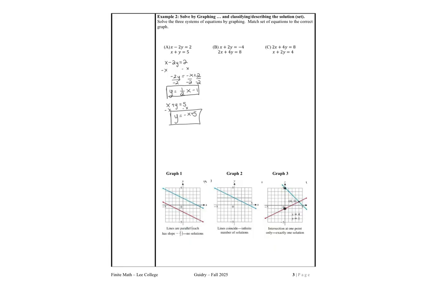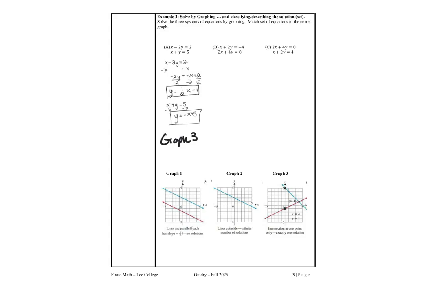One of the slopes is positive, one is negative, so the first one is graph 3. Now some important things to note about graph 3. Down here it says intersection at one point, at one point only, exactly one solution.